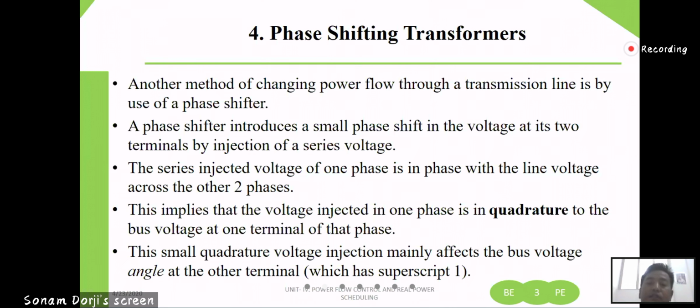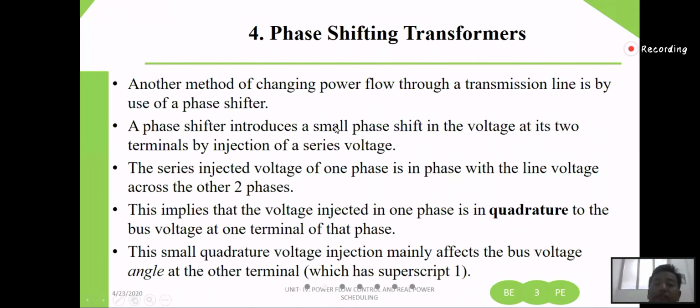Some of you might be misunderstanding that when somebody says phase shifting transformer, you might be thinking that I will explain it in detail. It's not like that. Only the application part of the phase shift transformer will be taught here. The working principle and construction you have learned in machines, or in some other module. This is just an application of what you have learned in the earlier module.